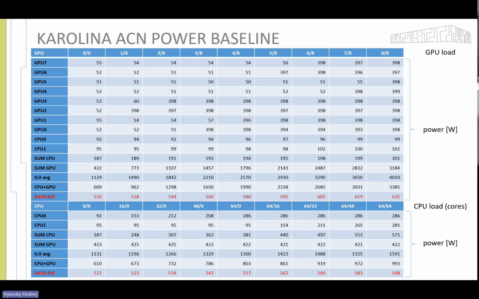From that, we have evaluated that there are 520 watts missing when the blade is idle, and if we increase the load on the blade, it can rise up to 620 watts. So when executing your application, you should add additional watts according to the load you put on your hardware.